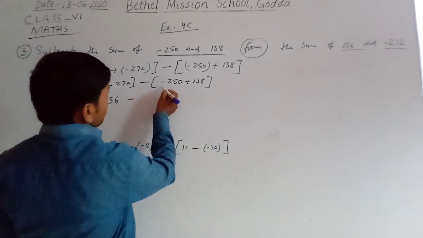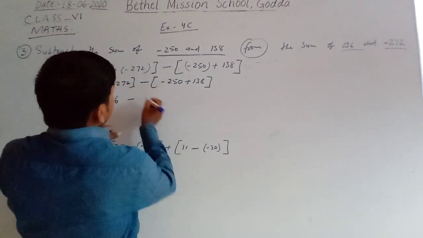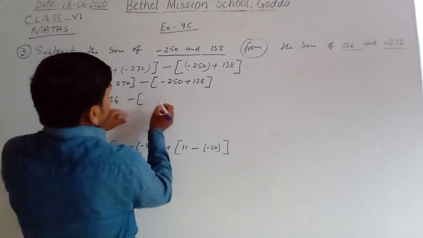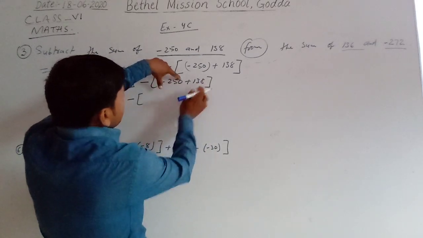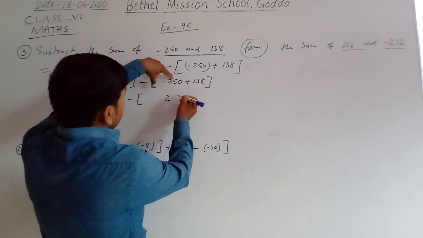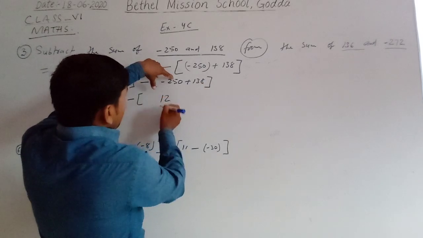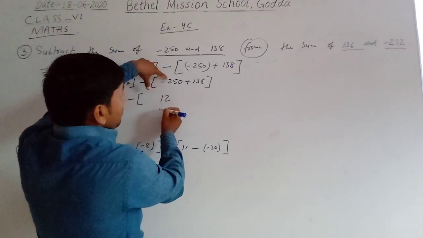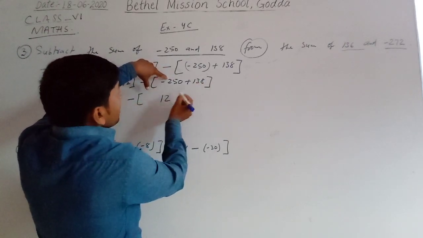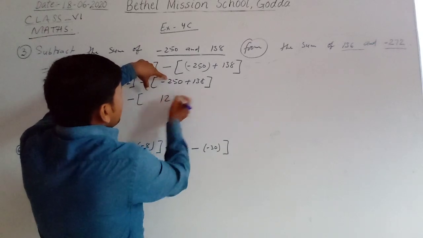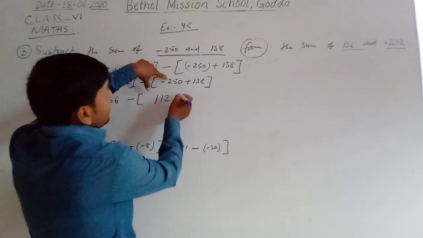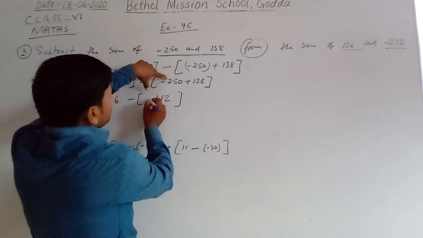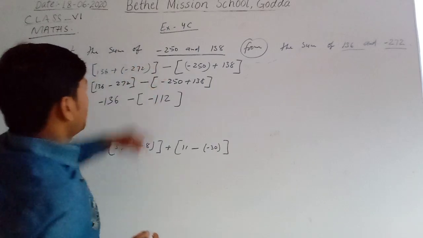Minus 252. 252 is bigger than this number. So now subtract: 10 minus 8, 2, and that is 4. 4 minus 3, 1, and 1. Now, sorry, 2 minus 1, 1. Okay, 112. And the symbol, because this is bigger, so we have to take the minus symbol.